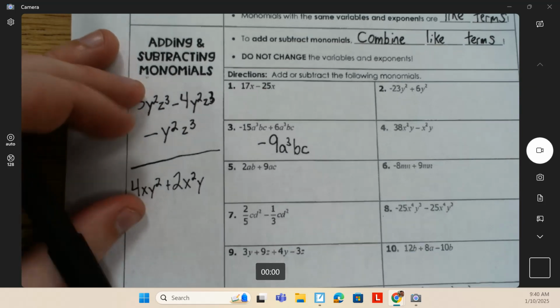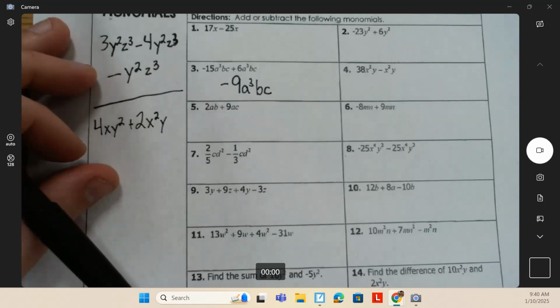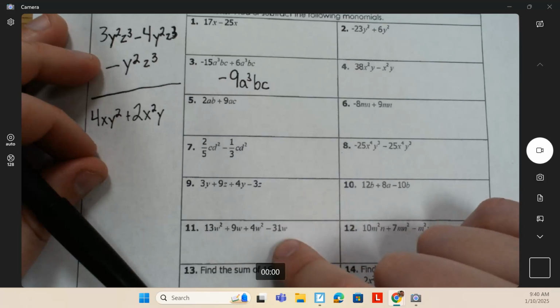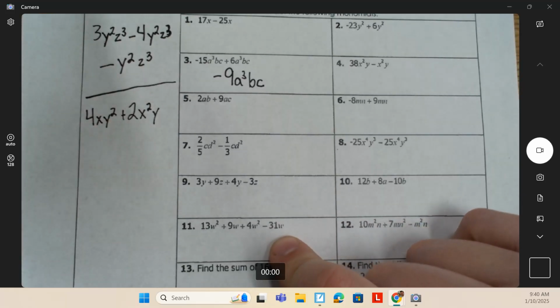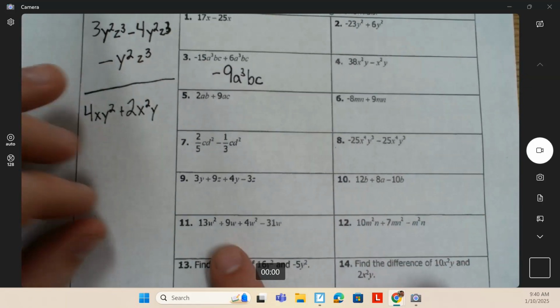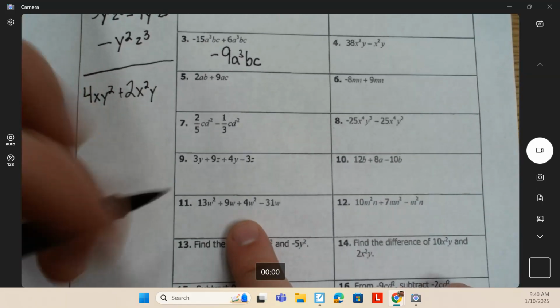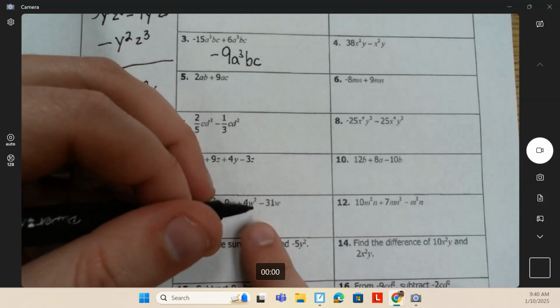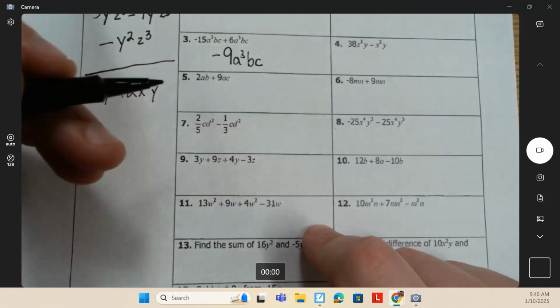Other than that, you're going to run into some that have multiple terms down here. So when you're looking at these, number 11, for example, 13w squared plus 9w plus 4w squared minus 31w.